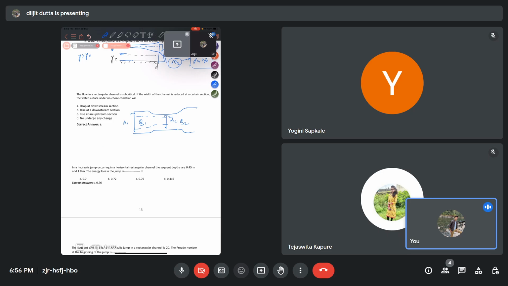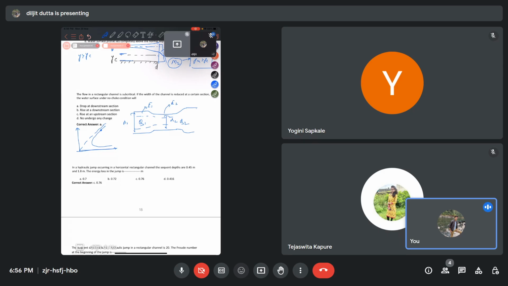Under no choke condition, the water level won't change from subcritical to supercritical. So first we have considered that the flow is subcritical, so it will be somewhere here, and E1 is equal to E2.